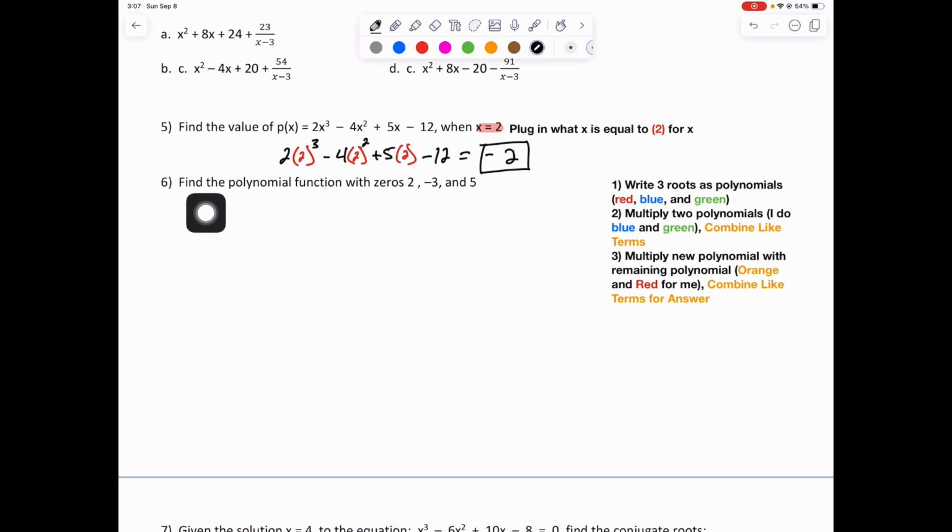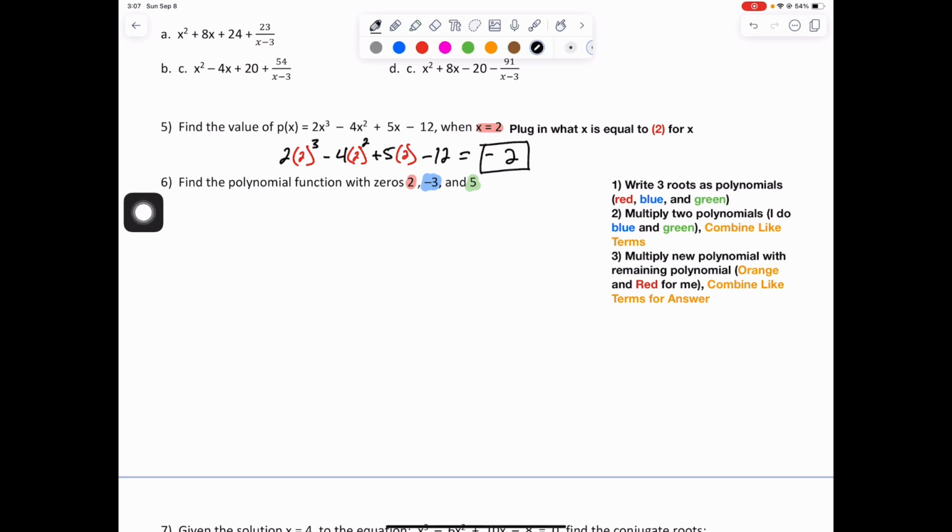For number 6, find the polynomial function with zeros 2, negative 3, and 5. So this is going to take a little bit of time. I'm going to highlight our 2, our negative 3, and our 5. Step 1, write 3 roots as polynomials.